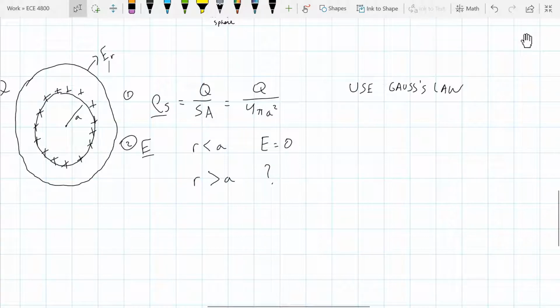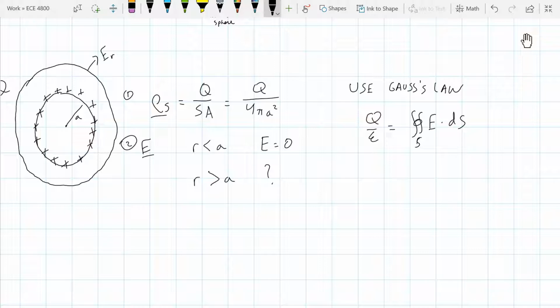Since we've gone over a lot of problems in Gauss's law, we're going over this one fairly quickly. Q over epsilon, where Q is the total charge contained within the Gaussian surface and epsilon is the dielectric constant, is equal to the closed surface integral of E dot dS.